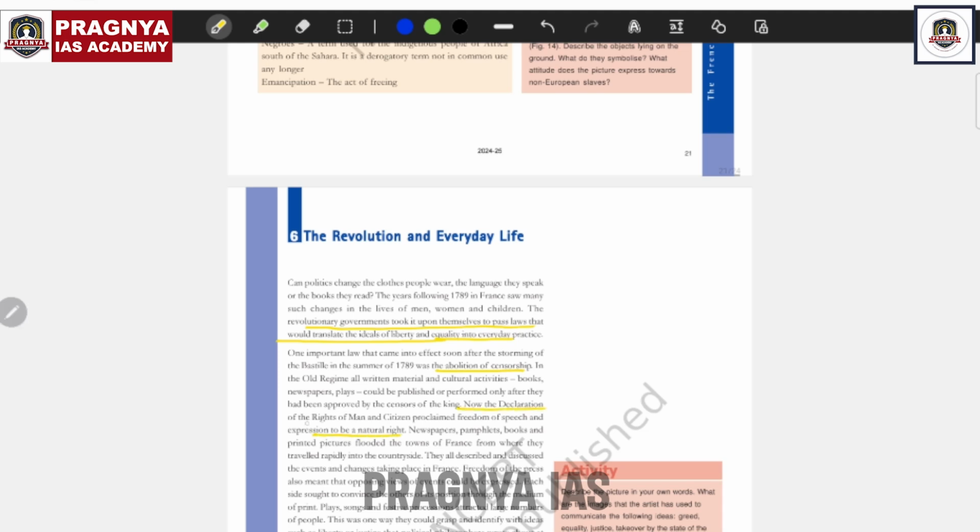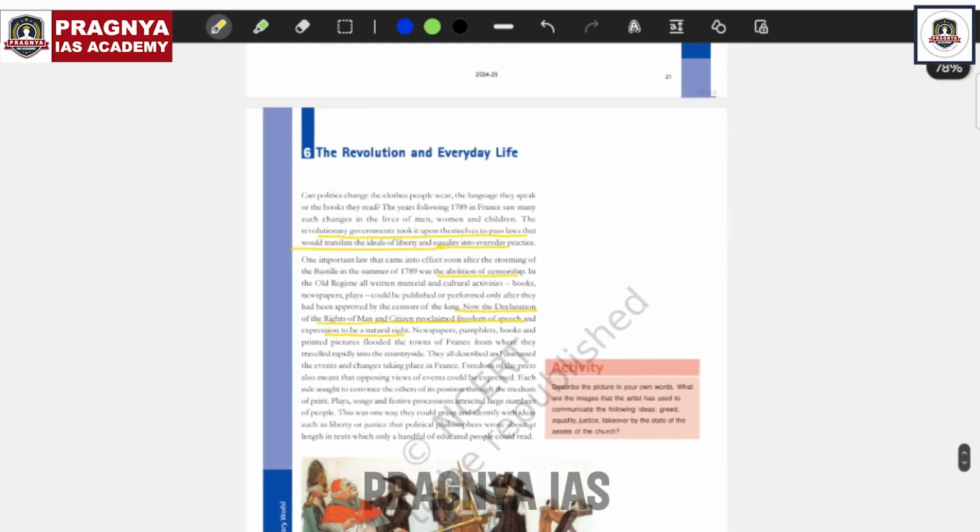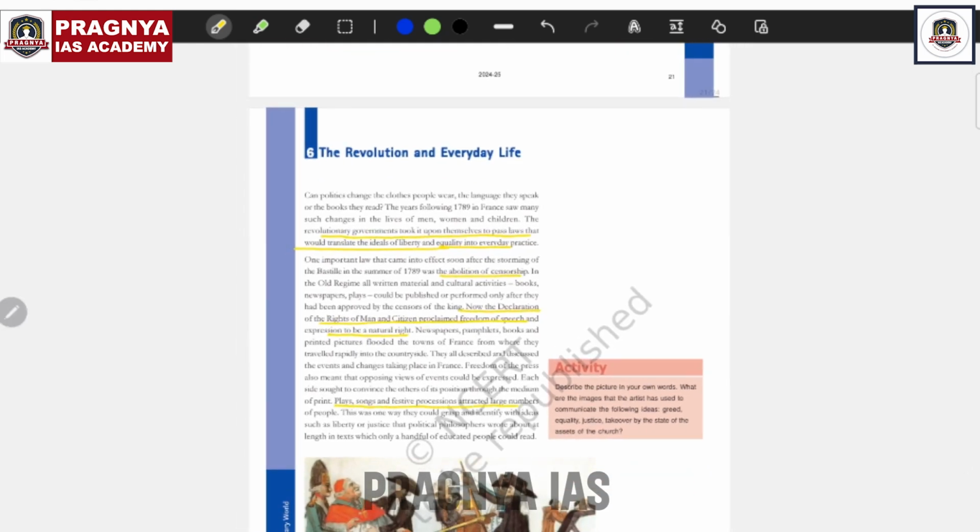Each side sought to convince the others of its position through the medium of prints, plays, songs, and festive processions that attracted large numbers of people. This was one way they could grasp and identify with ideas such as liberty and justice, which political philosophers wrote about at length in texts that only a handful of educated people could read.